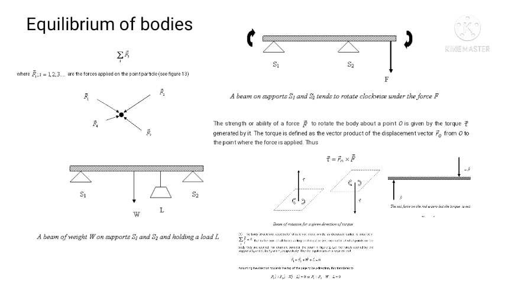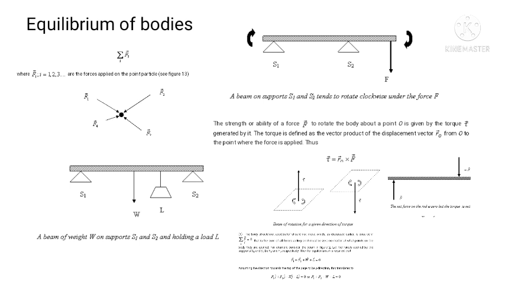Thus, a beam put on two supports S1 and S2 tends to rotate clockwise about S2 when a force F is applied downward. In the figure you can see a beam supported on S1 and S2 tends to rotate clockwise under the force F.